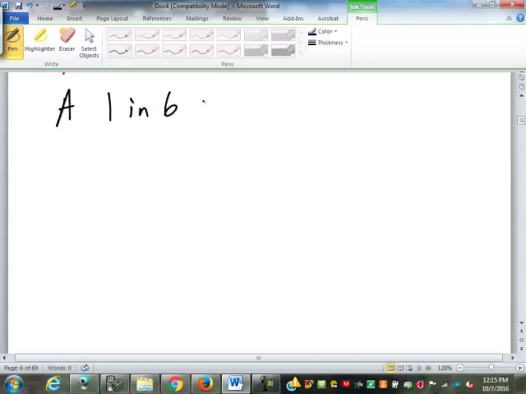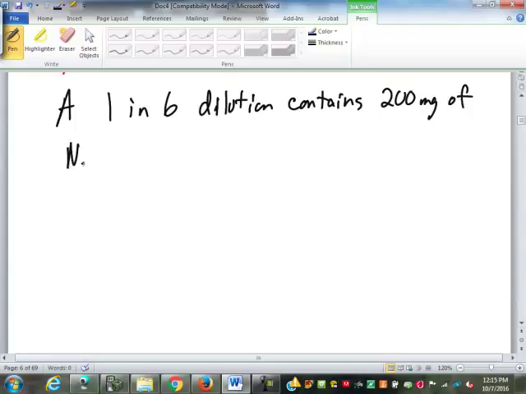A 1 in 6 dilution contains 200 milligrams of saline. What is the total milligrams of the solution?